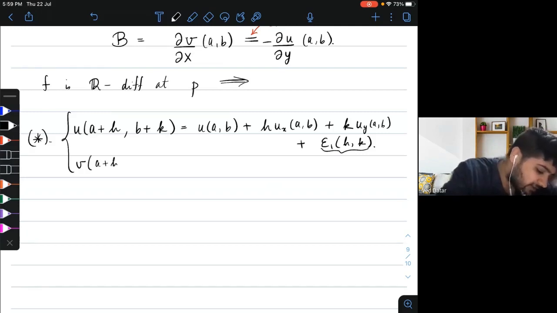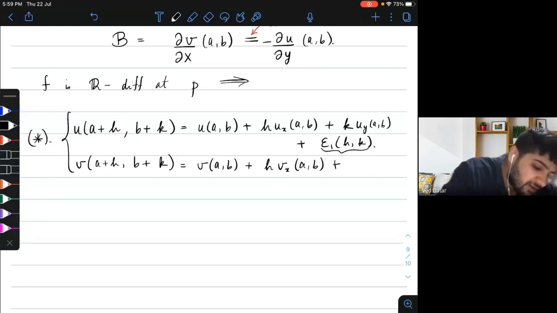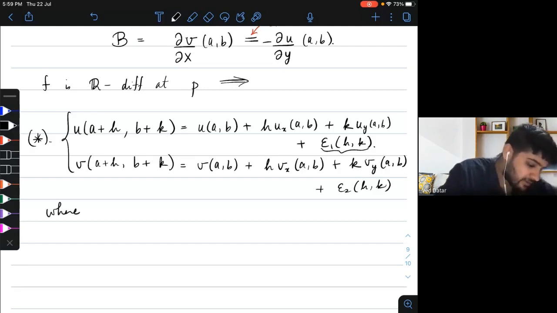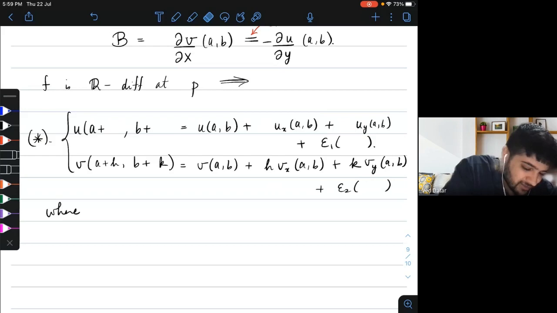Similarly, you can write an expansion for v. You can write this as v of (a, b) plus h times v_x at (a, b) plus k times v_y at (a, b) plus epsilon 2 of (h, k). I should stay consistent with my earlier notation, where I was using lambdas and mus.